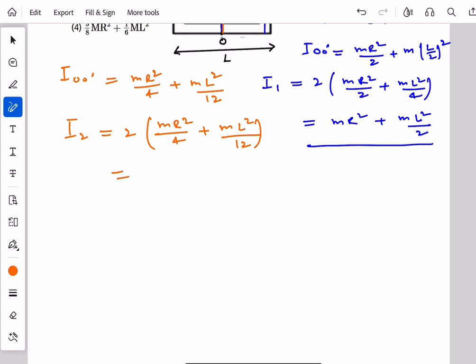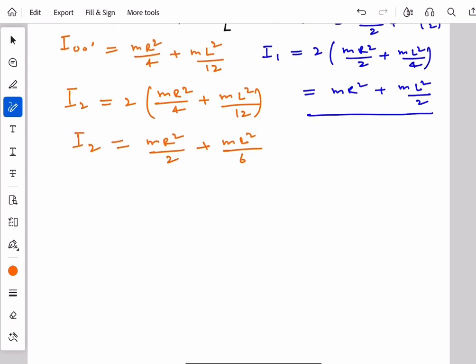And this is equal to small m into r square upon 2 plus small m into L square upon 6.